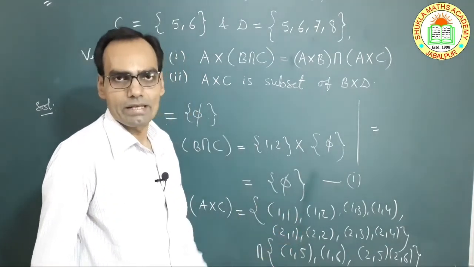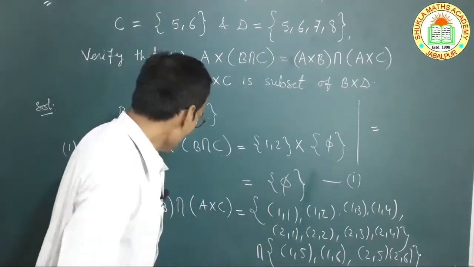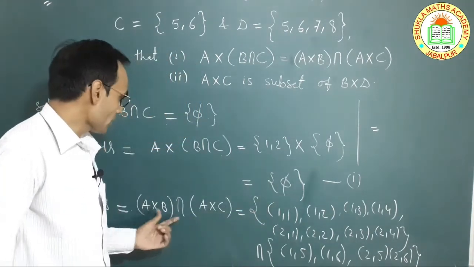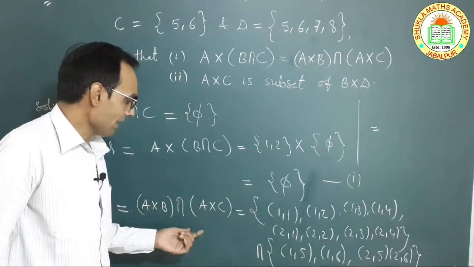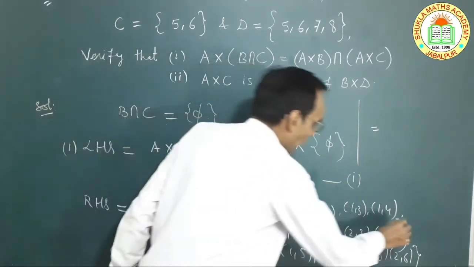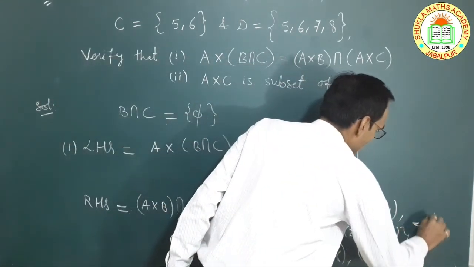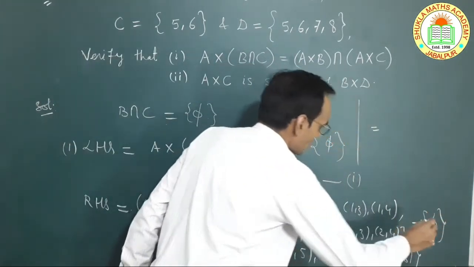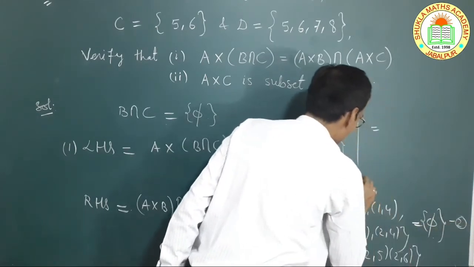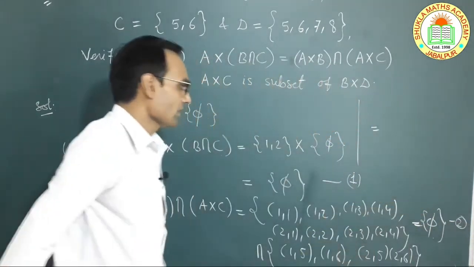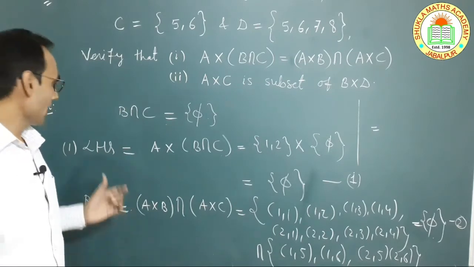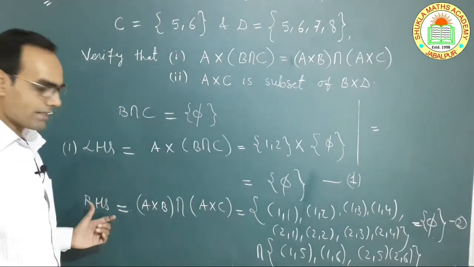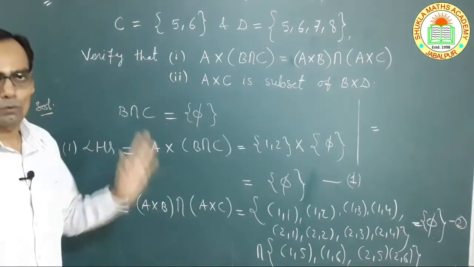No element is common in these two sets of ordered pairs, A × B and A × C. So obviously it will be the null set. So we get here the null set ∅. So from the first and second equation, left hand side equals right hand side. So our first problem is proved.